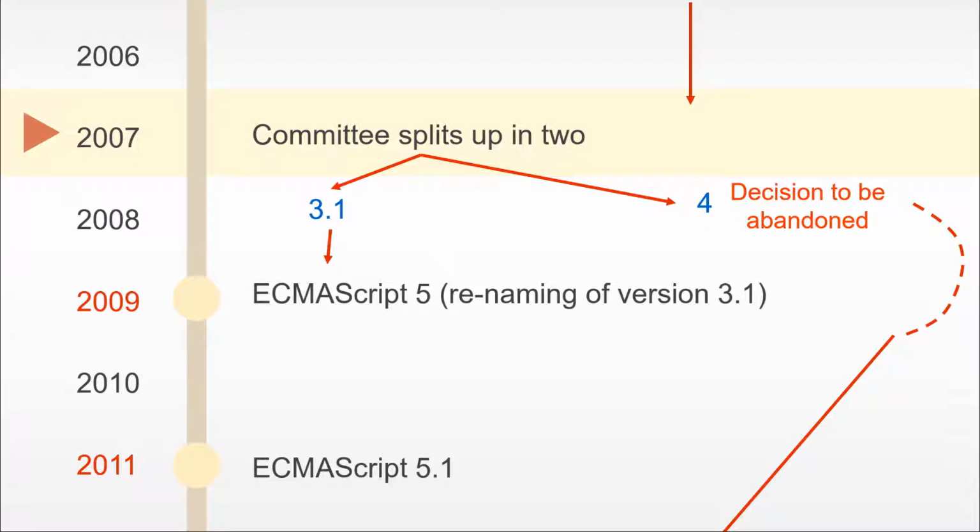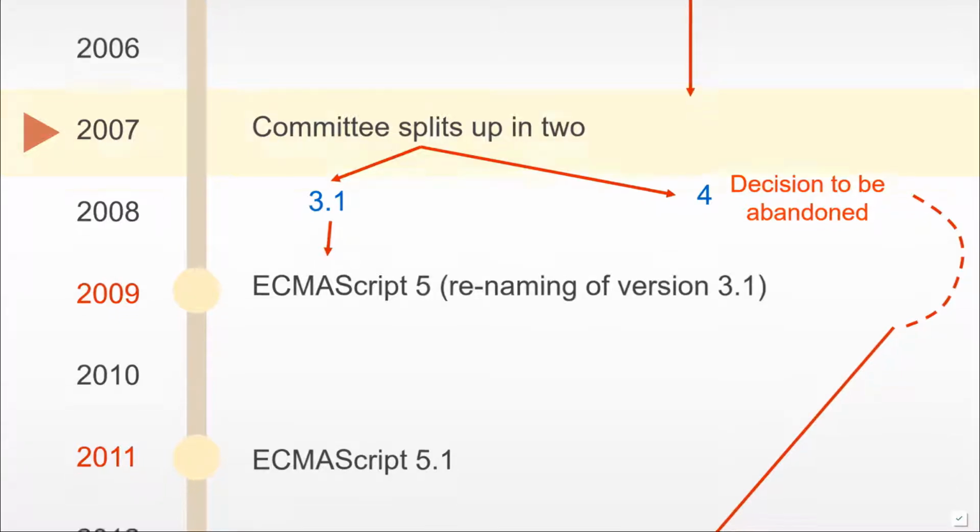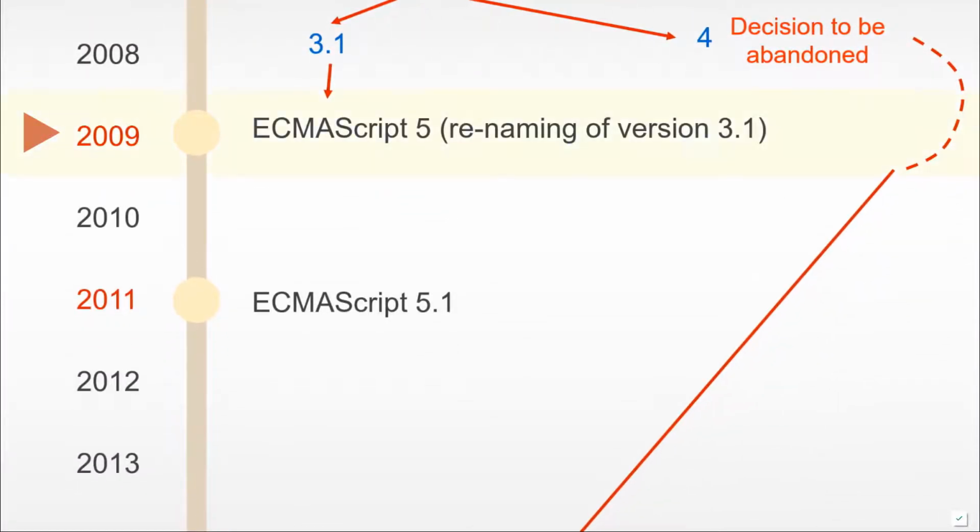The inability of the ECMAScript 4 group to ultimately deliver a working specification in time led to the decision for version 4 to be abandoned and for version 3.1, which was now renamed ECMAScript 5, to be adopted as the next specification.